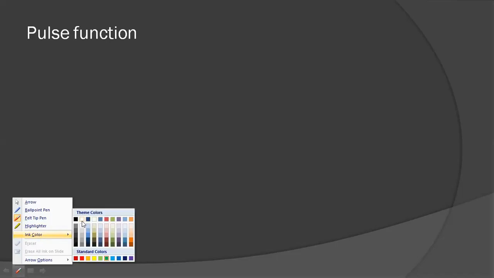Let's see the next function, that is the pulse function. It can also be defined with the help of the unit step function. So what is the pulse function?